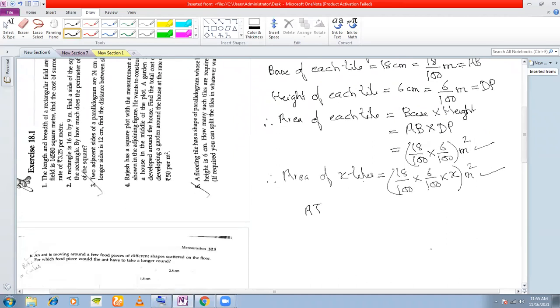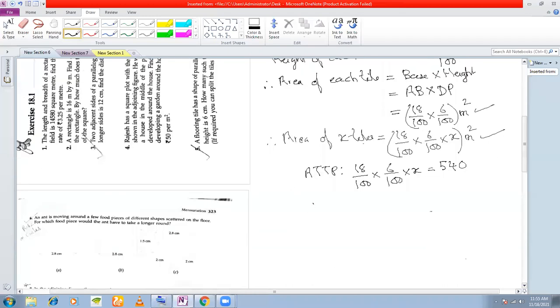So according to the problem, 18 by 100 into 6 by 100 into x must be equal to 540. Now this is an equation which you will require to solve. So let's solve this equation. 18 into 6 into x by 100 into 100 is equal to 540.